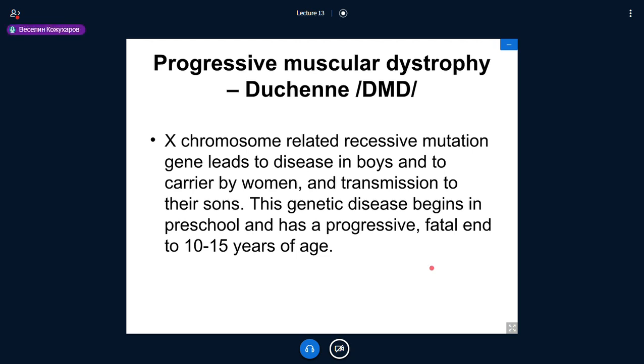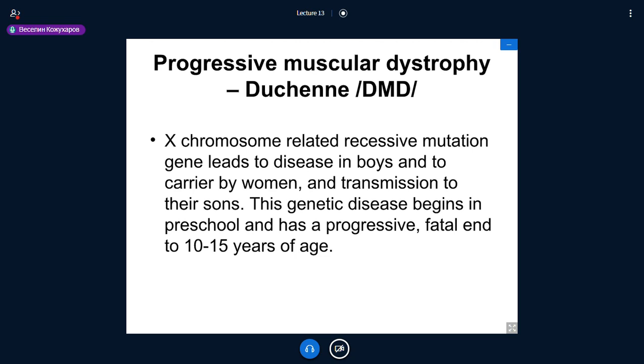It affects the X chromosome, and there appears a mutation in the gene for the production of one protein, dystrophin.